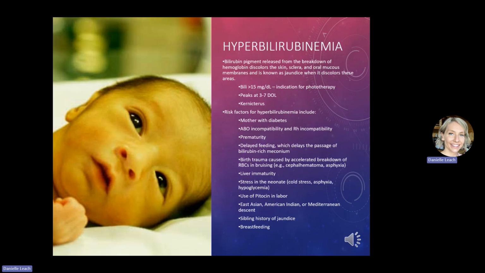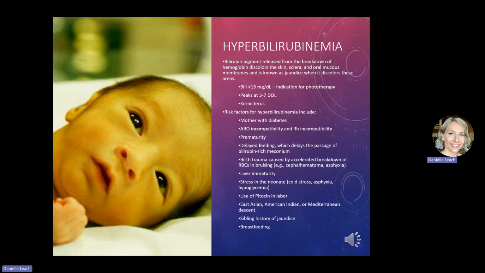RH incompatibility is similar. When the mother is RH negative and the baby is RH positive, the mother produces antibodies against the baby's blood, and then again, excessive breakdown of RBCs, which can lead to more bilirubin. Other things like prematurity, since the baby will have a premature liver as well.